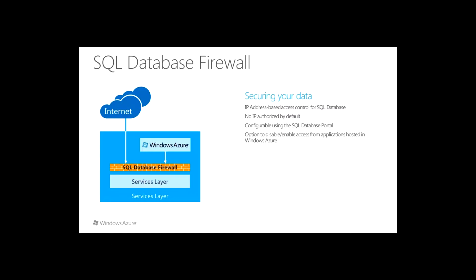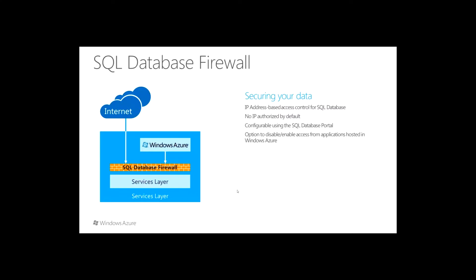These are IP address-based rules that say who can connect to this server. By default, there are no rules, so everything is turned off. And that checkbox I asked you to remember matters because not even any Windows Azure services can connect to SQL Azure until you check it. So it is closed by default. Nobody can get to it.